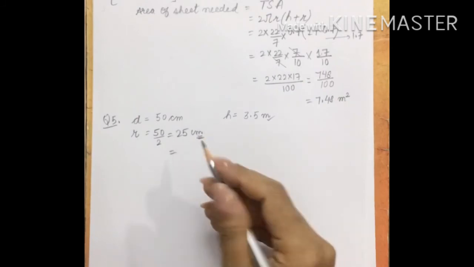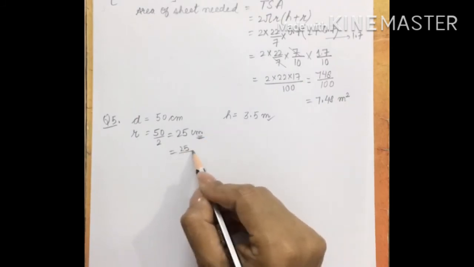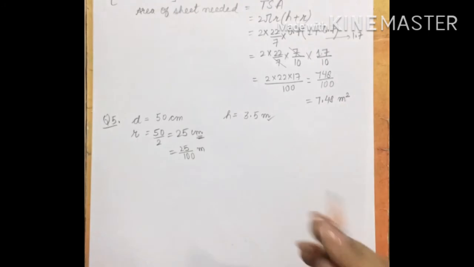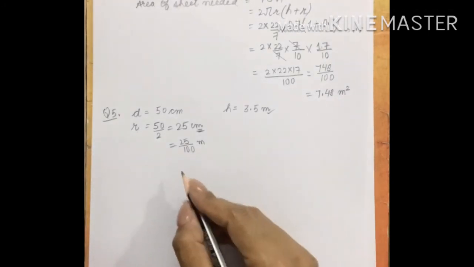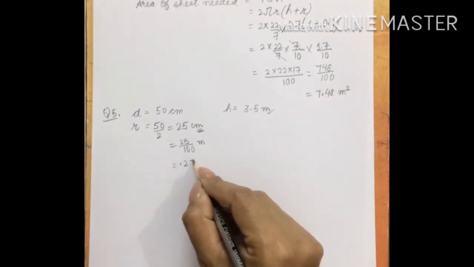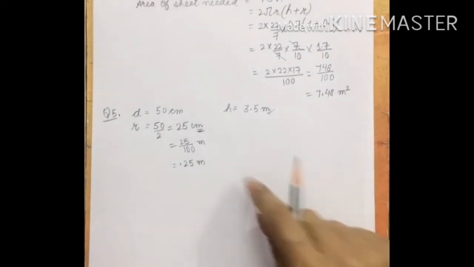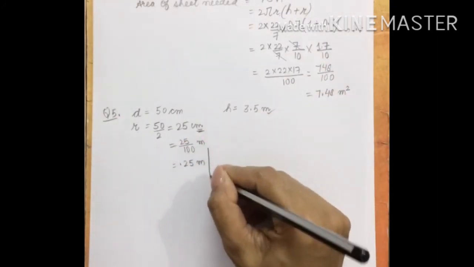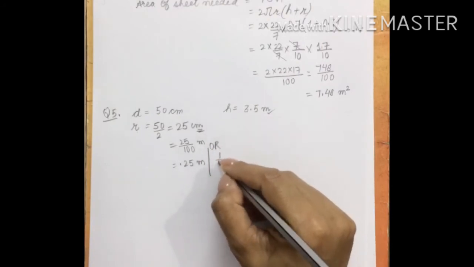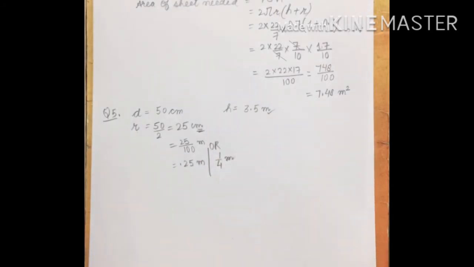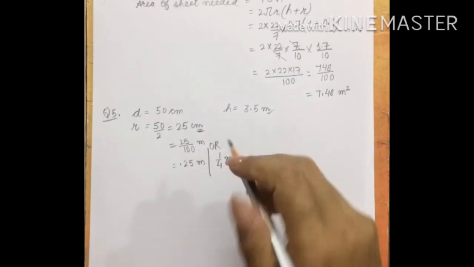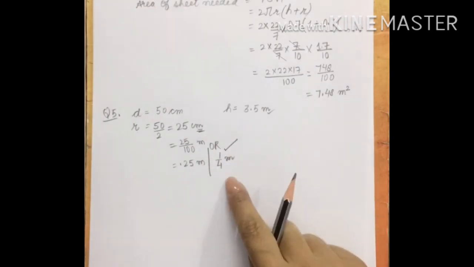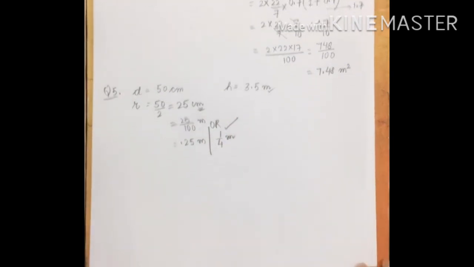Let's change it into meters. 25 will be divided by 100 and I'll get the answer in meters. So this will be 0.25 meters. If you want, you can simplify this and keep in fractions, or this could be 1/4 of a meter. So you could use either this value or this value. I'll be using this. It's in the simplified form.